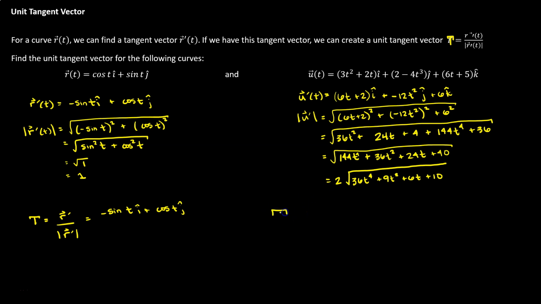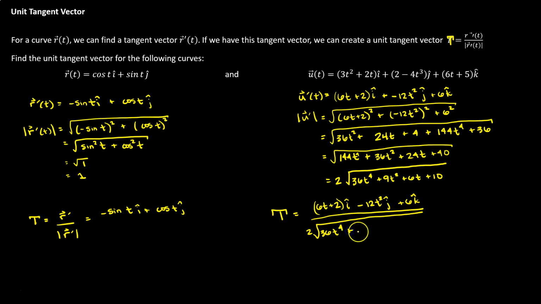Now we can create the unit tangent simply by dividing the original vector, the derivative u prime, by the magnitude. So we'll have 6t plus 2 i hat minus 12t squared j hat plus 6 k hat, all divided by this magnitude that we just calculated.